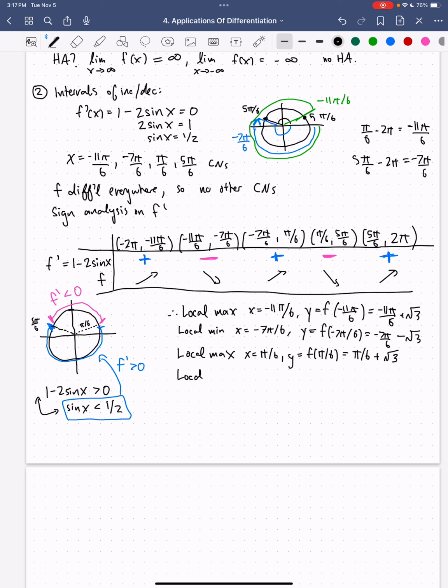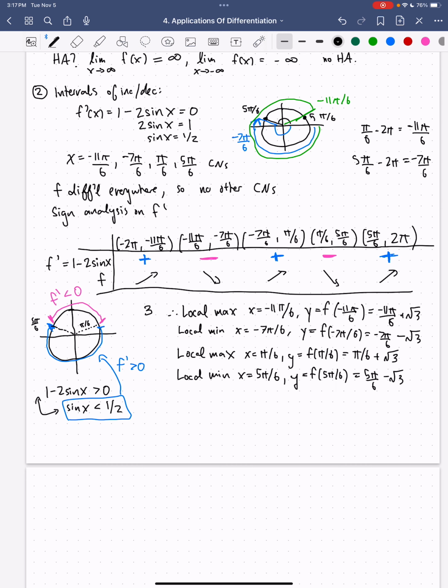Finally, our function is decreasing again until the local min we have at 5 pi over 6. And our y value there is equal to 5 pi over 6 minus root 3. Awesome. Okay, so that's all we need to do for the first derivative.